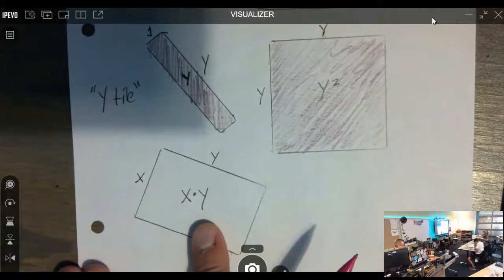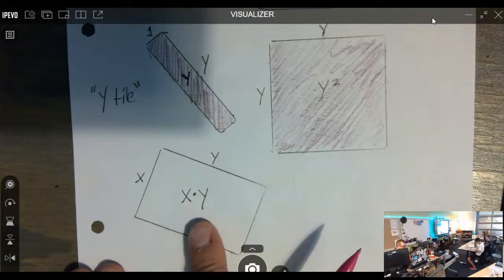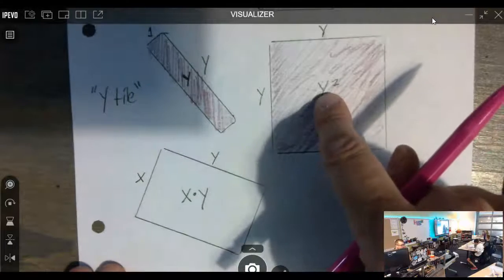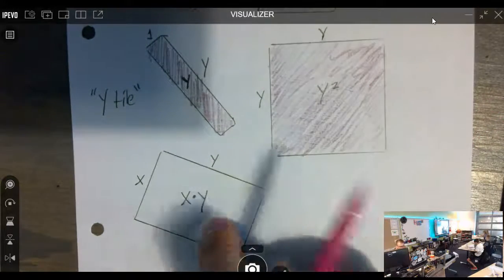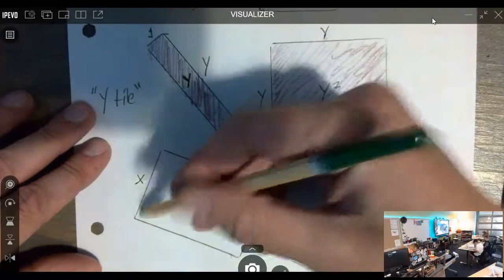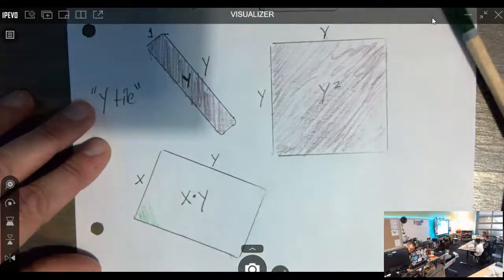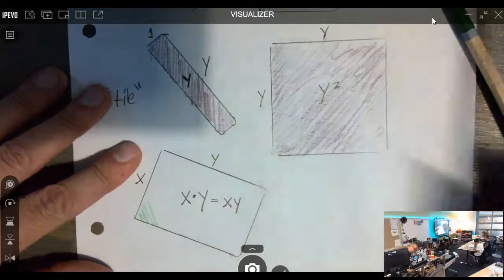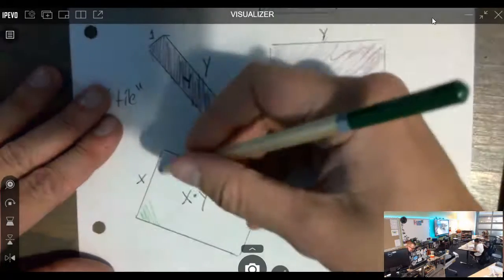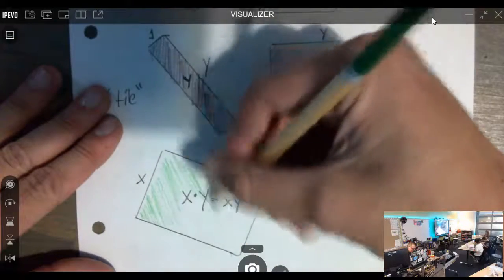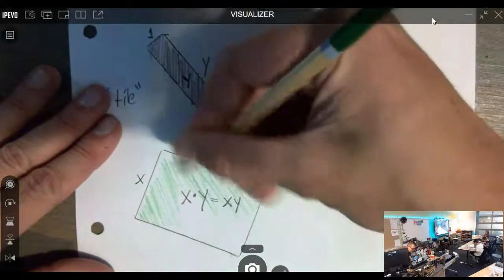X times y is just x times y. If you say xy squared, you'd be doing x times the y squared, which is not the same. That makes absolutely no sense. And then we can shade this in. You don't need the multiplication dot if you do not want it. You're absolutely right. You can just write x next to y, and we know a value next to another value is multiplying.